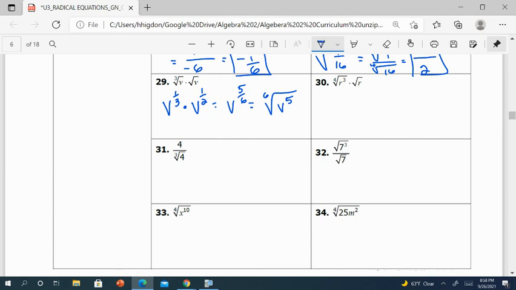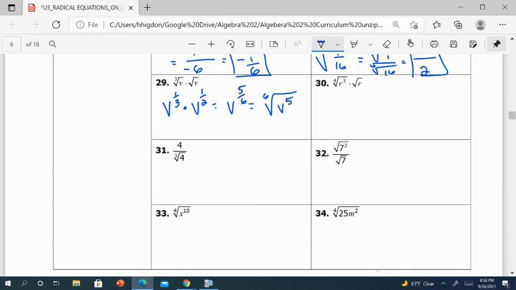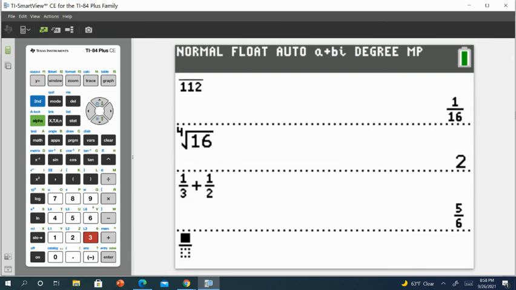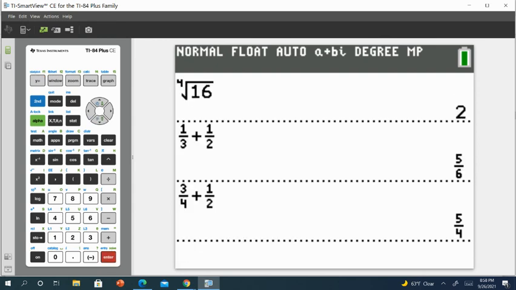All of the rest of these are very similar to that. You're going to change these back to exponent form. Number 30, we've got r to the 3/4 times r to the 1/2. We add those exponents, 3/4 plus 1/2, and we get 5/4.